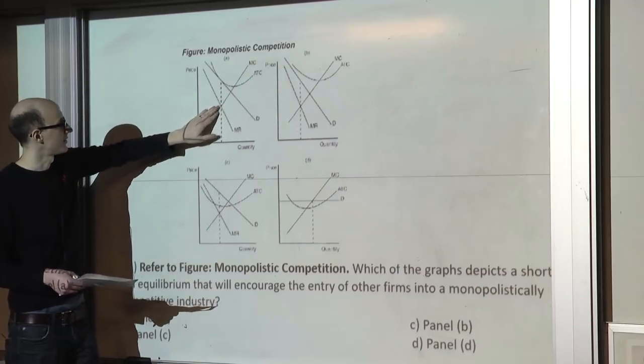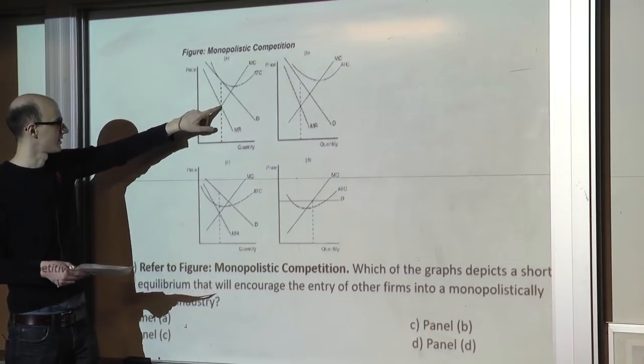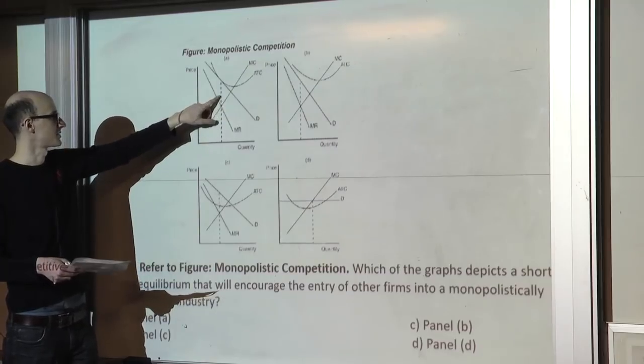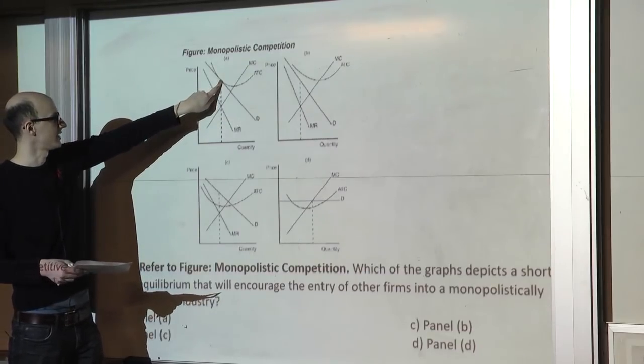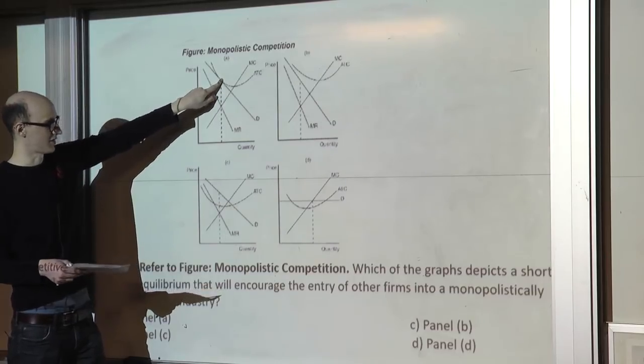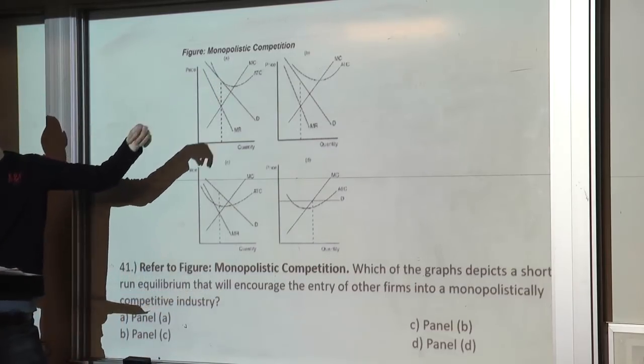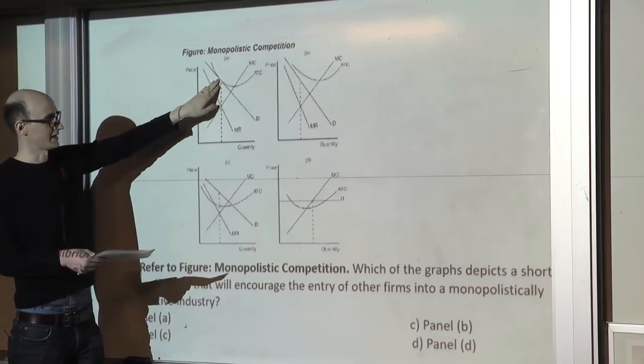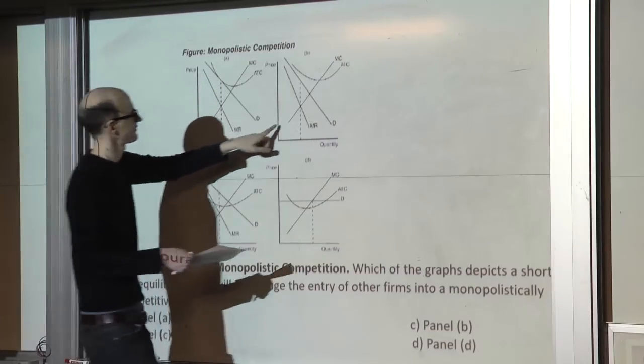Higher, right? So in a monopolistic competition sense, they'll go to the place where marginal cost equals marginal revenue and then mark up the price to here, right? Since it equals average total cost, they're earning zero economic profit, so no one will be attracted into the market.